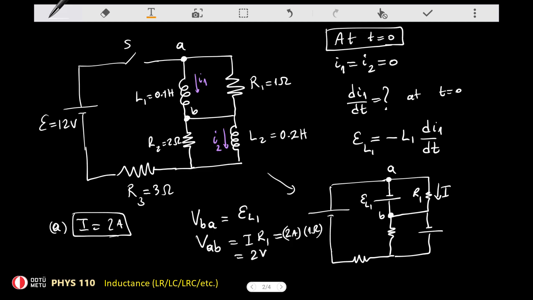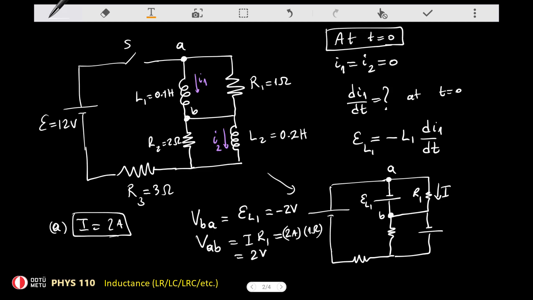VAB is 2 volts, but A is at a higher potential than B because on a resistor, when you go along a positive current, the potential drops, which means VBA is negative. So B is at a lower potential than A, so therefore VBA is negative, so therefore this is minus 2 volts. That's essentially what this question needs.